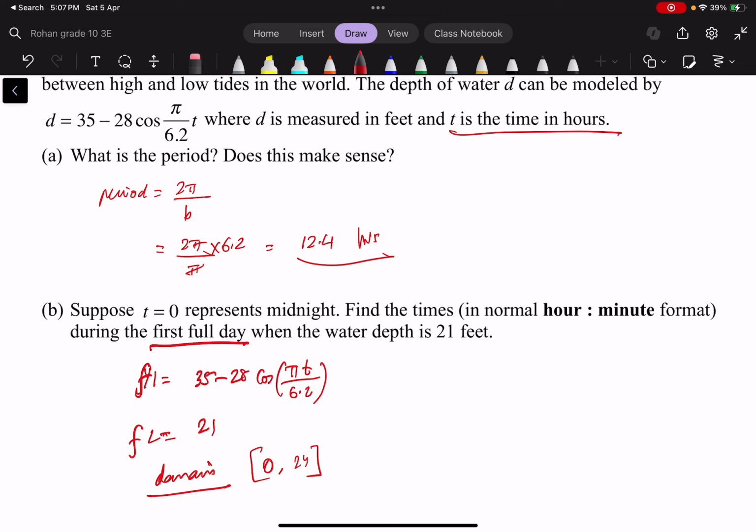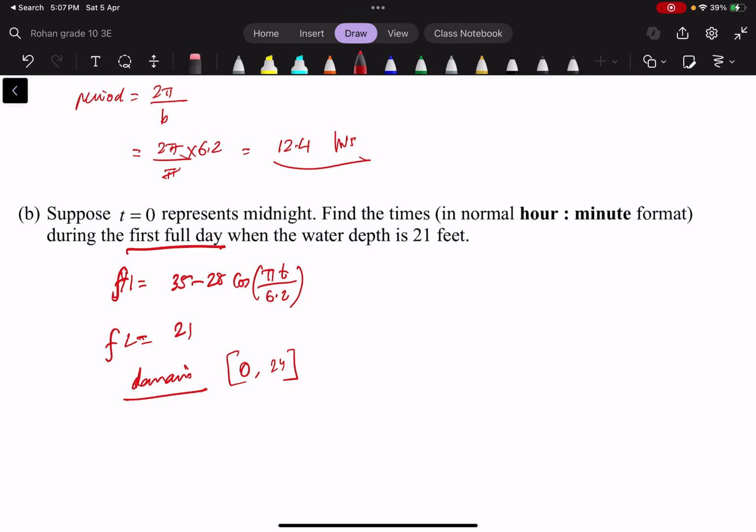Now listen. You may not be able to see it in your graph. Can you see it? No. Why? Because of the domain restriction. This domain is 0 to 24.